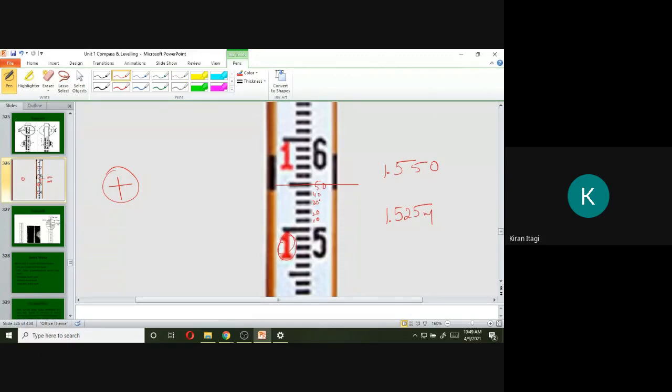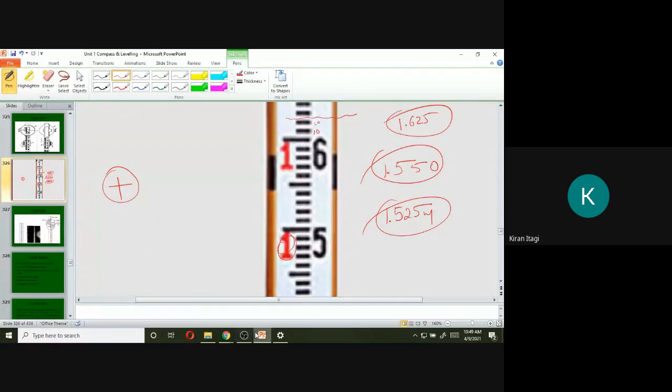You can go like this also. Suppose your line of sight is at this position, this will be 1.6, 10, 20, and 25. This is how we will take the reading.